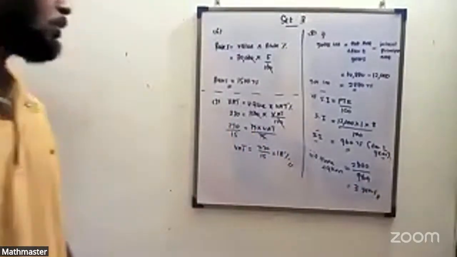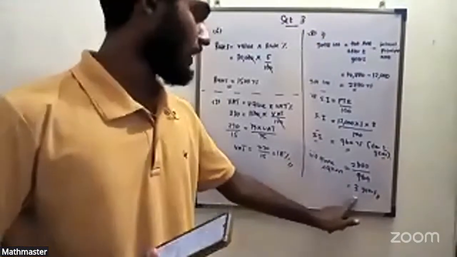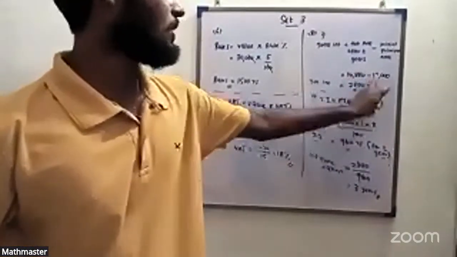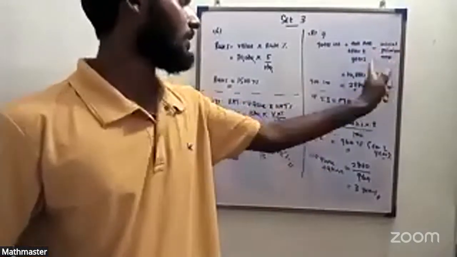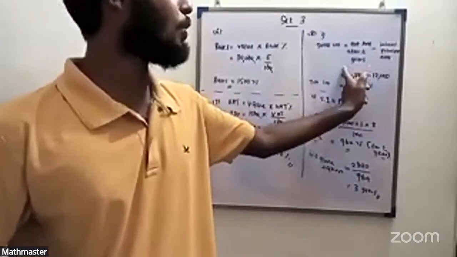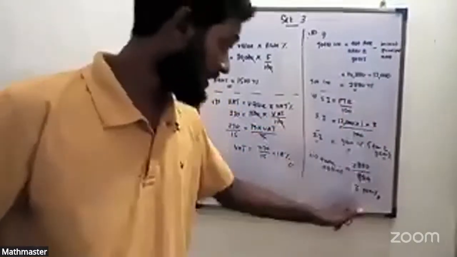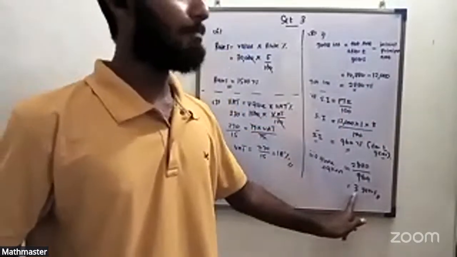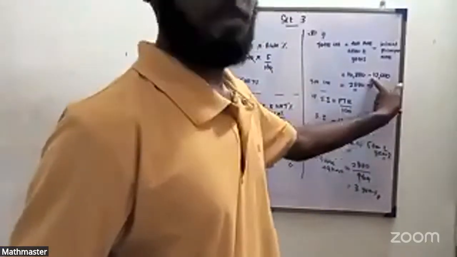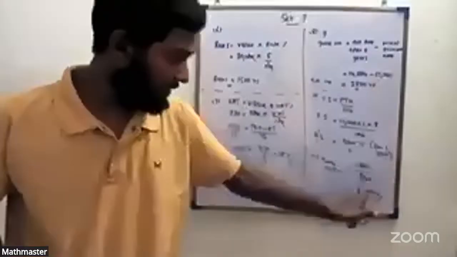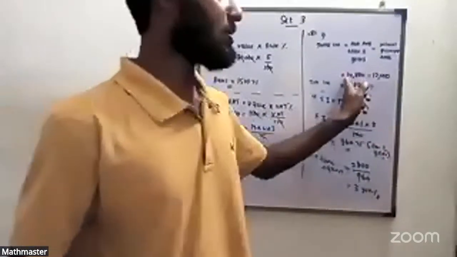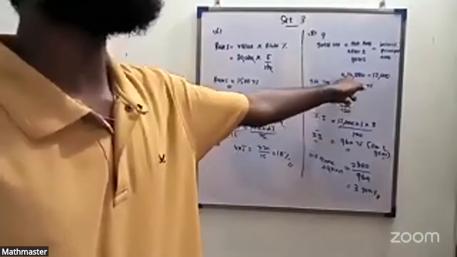So it took totally 3 years for him to pay this total interest amount and to settle the entire loan of 14,880. So he had paid 14,880 after 3 years, but he borrowed how much? 12,000. He borrowed the loan for 12,000, but after 3 years he paid 14,880.